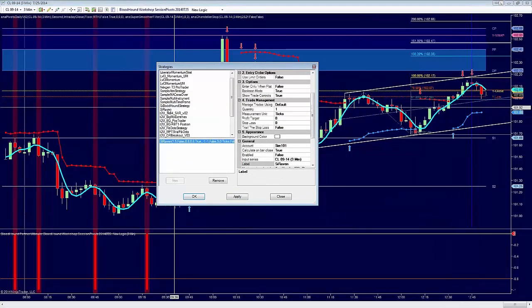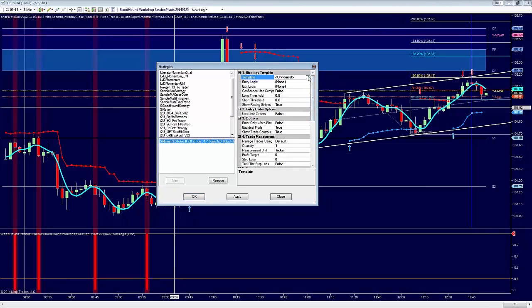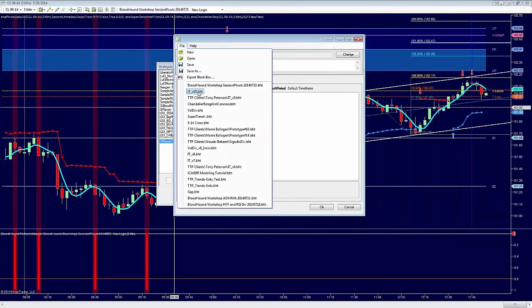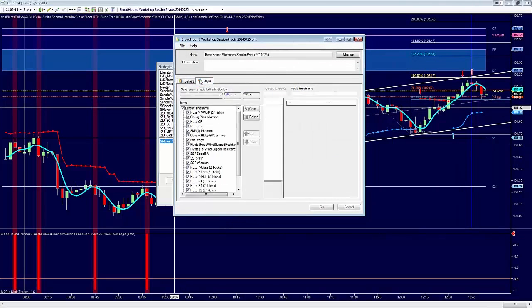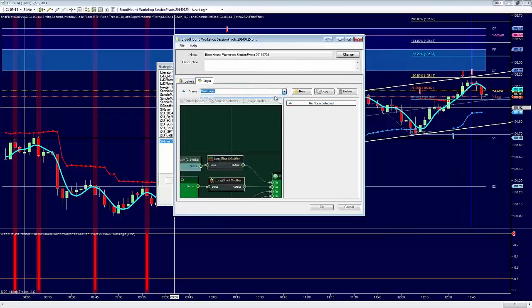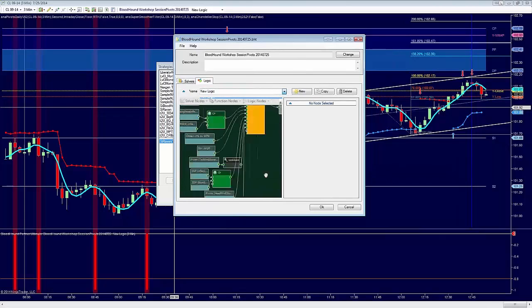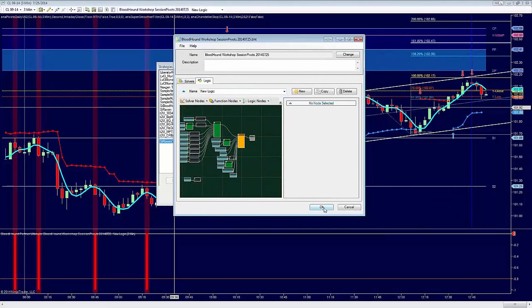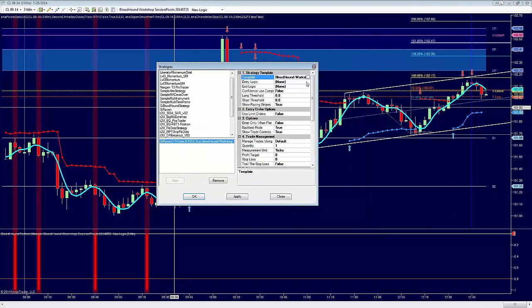Let's add Raven. Of course, you have to take the chart trader off first, and you have to be connected to a data feed. Then we add Raven. We're going to add the template that we've just built. Yep, all good. New logic.